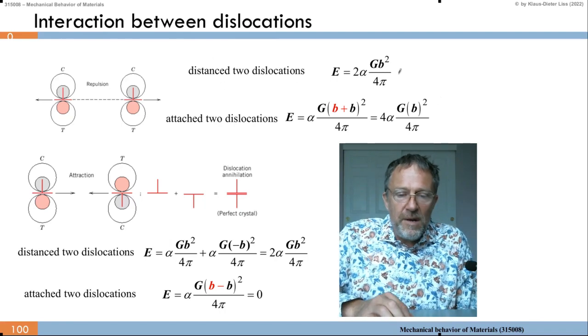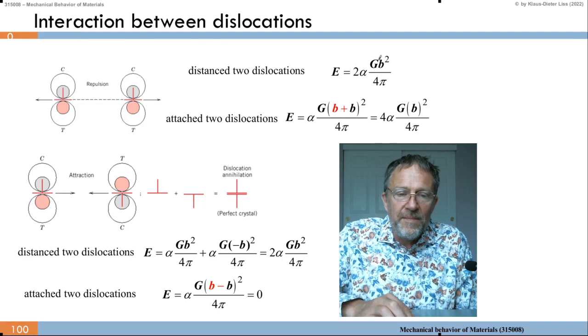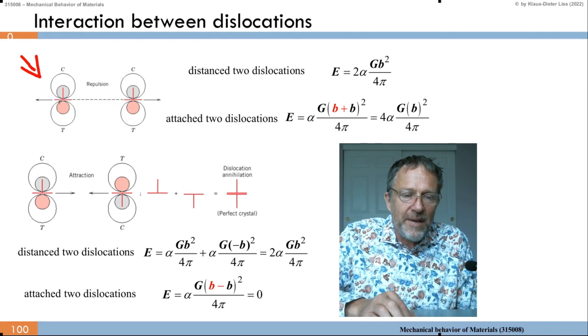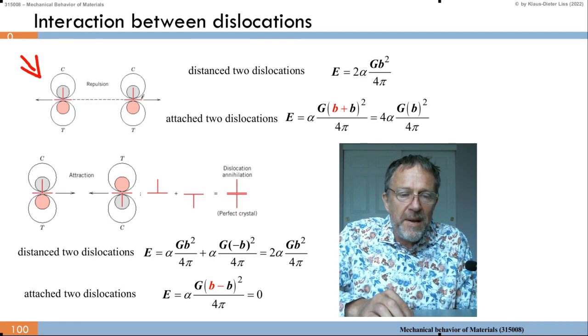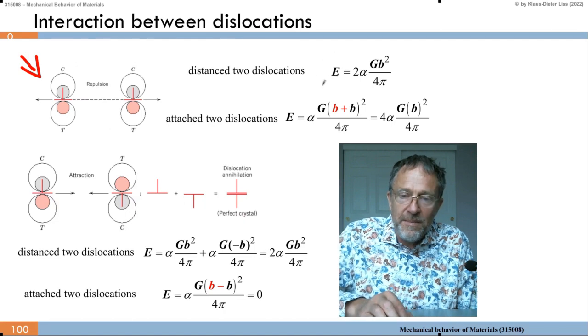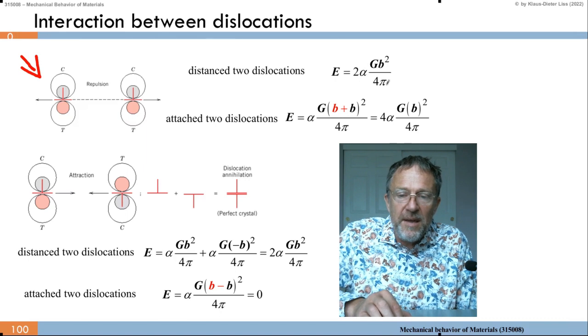Right, let's look a little quantitatively at the interaction between the dislocations. So here, in the sense of repulsion, on one habit plane I introduce two dislocations, and when they are at a far distance, so the one dislocation is far away from the other and the overlap is negligible, then the total energy is just 2 times alpha G b squared over 4 pi.